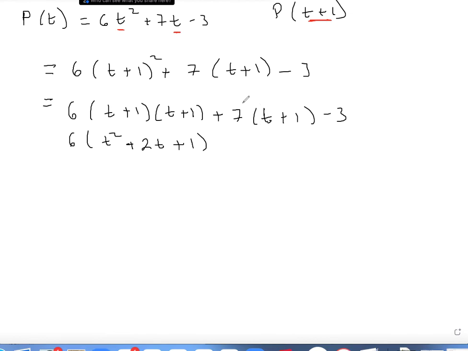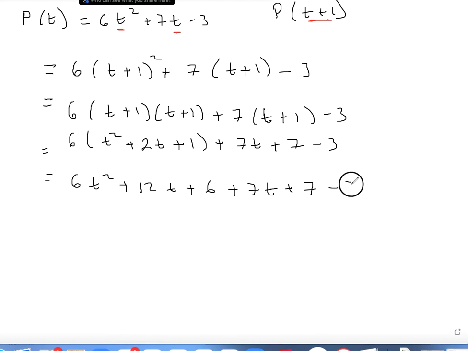And then we'll distribute that 7, careful to get it to the 1 there. So 7t, and then plus 7 minus 3. And now I still have to distribute that 6. So that would be 6t squared plus 12t plus 6 plus 7t plus 7 minus 3.